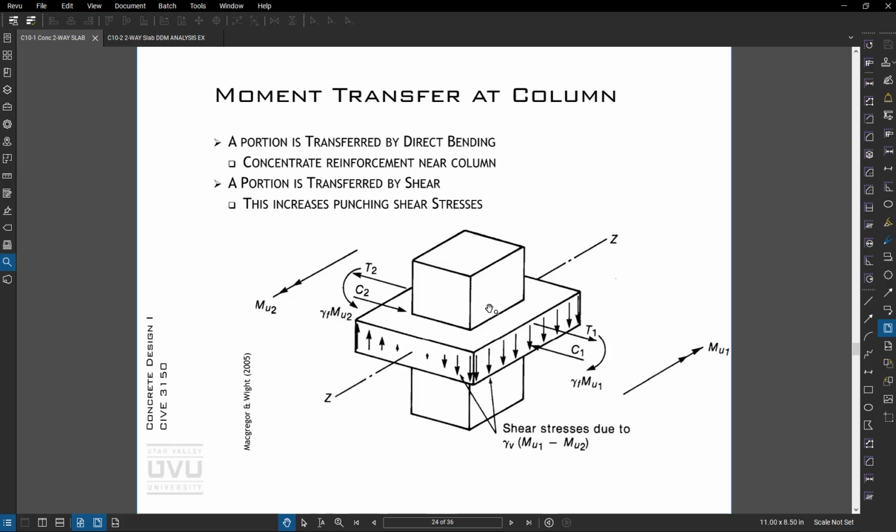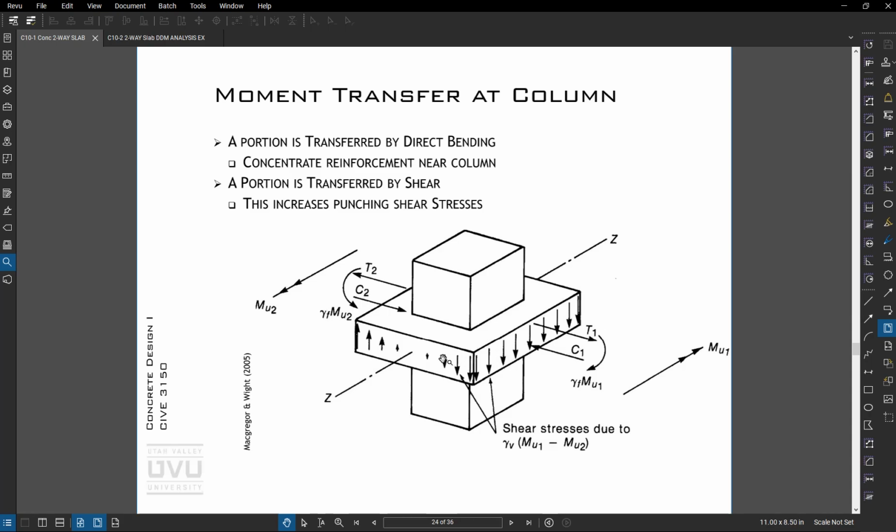The second way is, imagine this plane shown with the arrows on it has 4 sides acting, with a bending moment on it, and instead of creating a tension and compression couple, it creates shear stress.